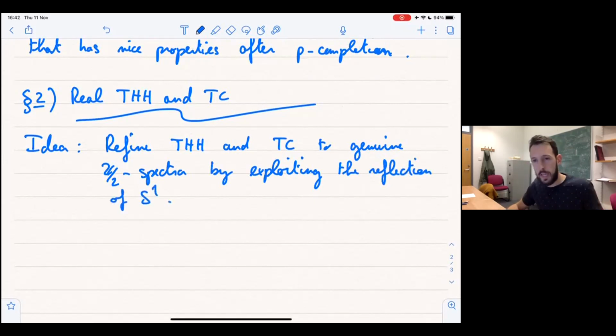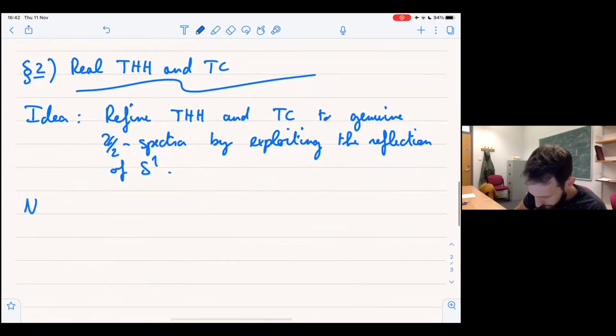And if you just try to naively do that on this bar construction, you get in trouble because this is not compatible with the simplicial structure. And so what you need is some extra structure on your ring to make this work. So we need some extra structure on it.